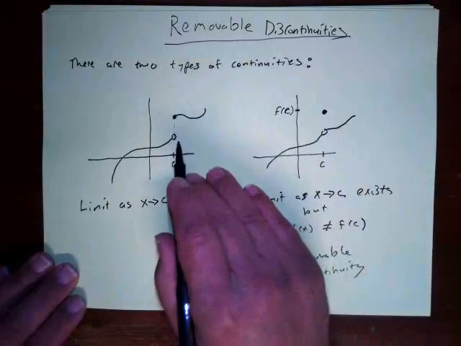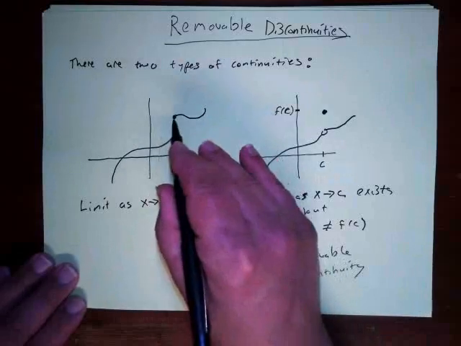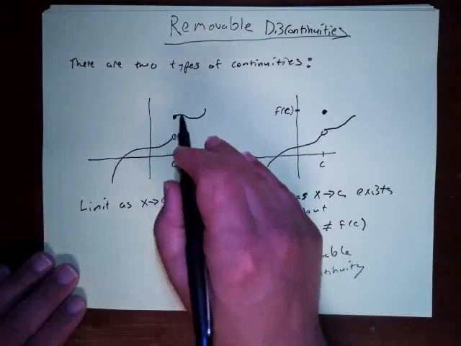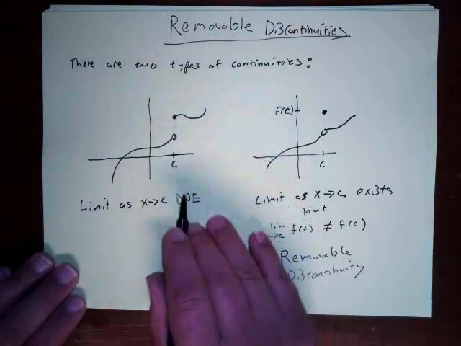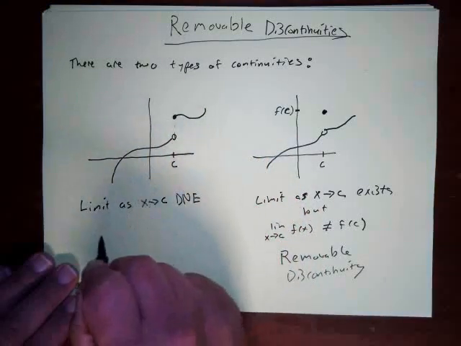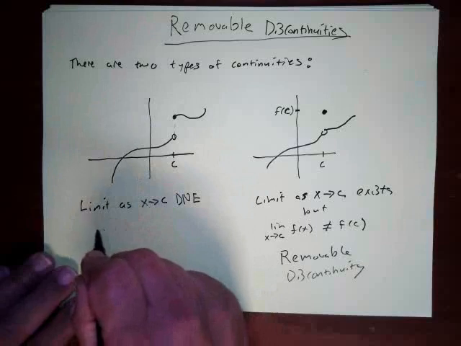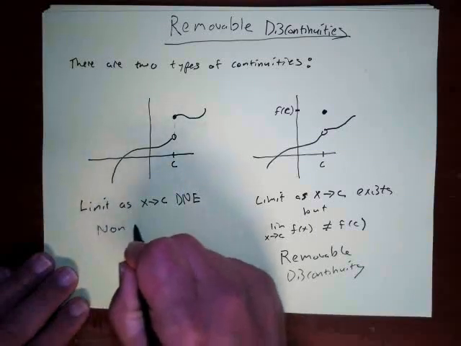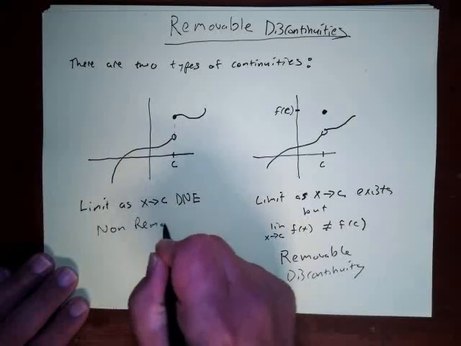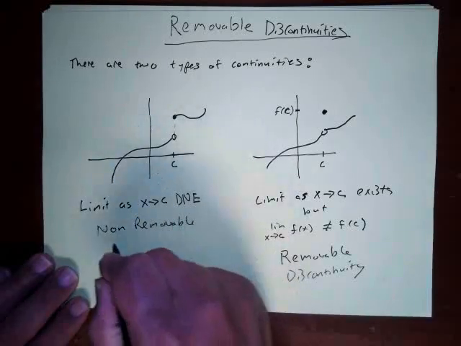Over here, though, I cannot do that. I can't redefine f at C and then have it be continuous because the limit does not exist. So we would say that this is a non-removable discontinuity.